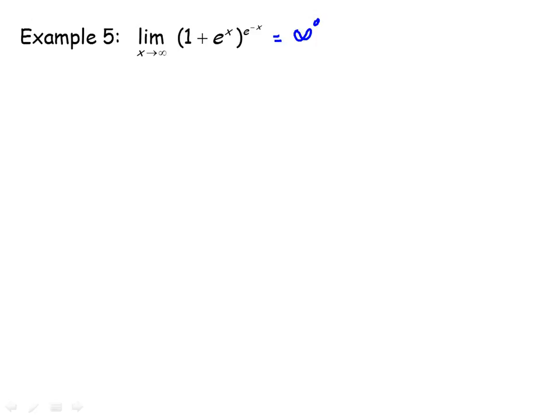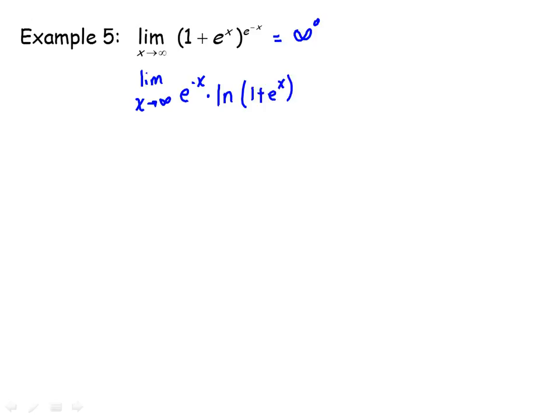If you get a power form, that tells us that we have to take the natural log. So let's go limit as x approaches infinity. Move your power out front. So we'll have e to the negative x times the natural log of 1 plus e to the x.